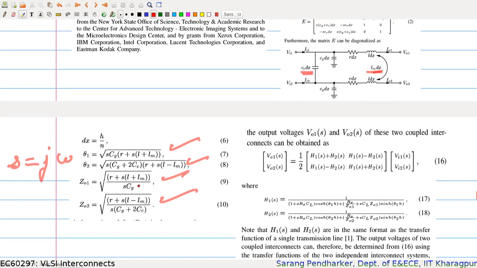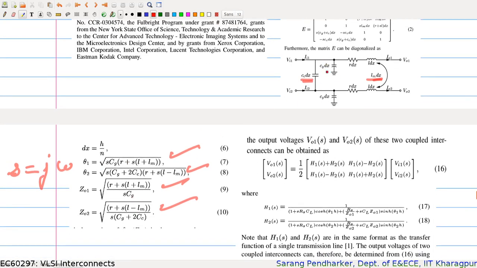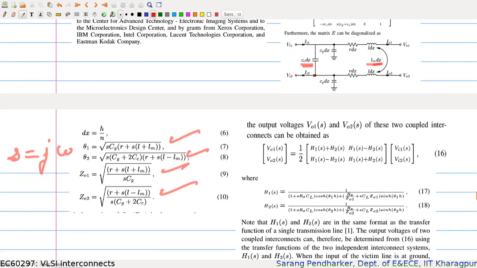So note that Cg is the capacitance between conductor and ground. You can see terms like L minus Lm for one of the characteristic impedances, and then for the other it is L plus Lm. For this case, the capacitance is this, and we have derived these equations in this lecture. So when you read this paper now, you should be able to understand what is the origin of these equations.